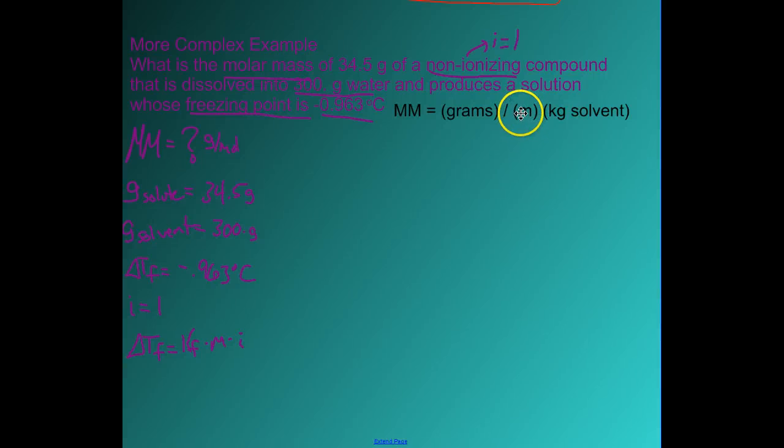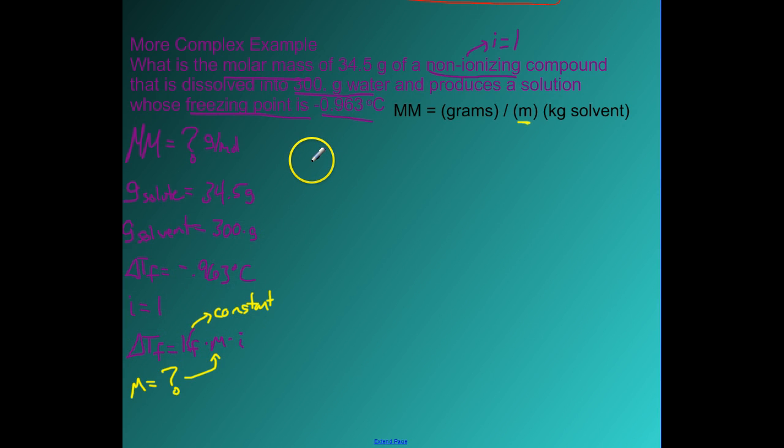So that's what I'm going to need to solve for here, is I need to solve for m, and then I can plug m into my equation because I'm given everything else to solve for the molar mass. And in order to solve for m, I can use this equation because I know my KF because that is a constant, and I'm given the change in temperature, delta TF, and i is 1. So it's kind of simple to solve here.